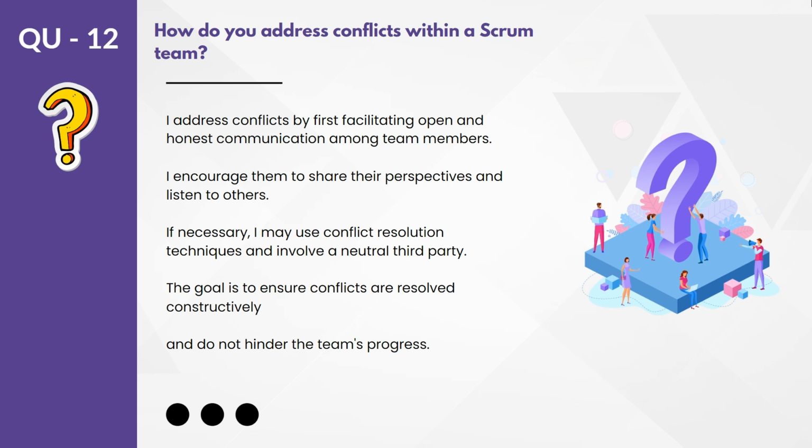And if it is required, then we may have to go for a conflict resolution technique. This conflict resolution technique is also a very basic simple approach, what we take on a generic basis, but we don't know that is also called a technique. So sometimes we tend to avoid things. That is also one technique. Collaboration is also a technique. So these are the names of techniques which can be used when you are resolving the conflict.